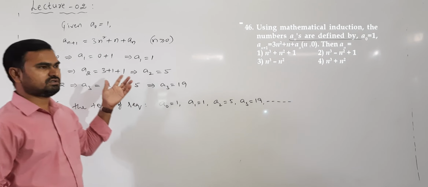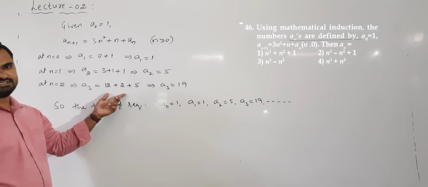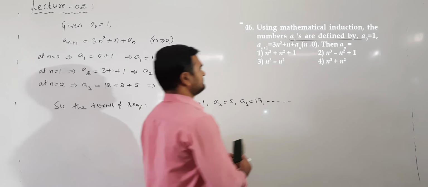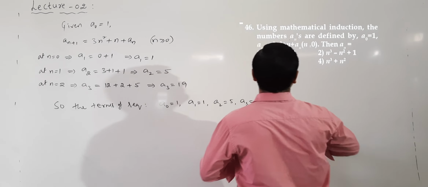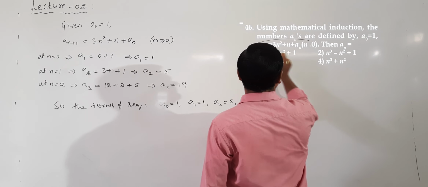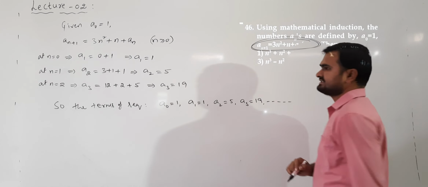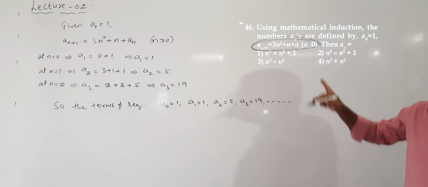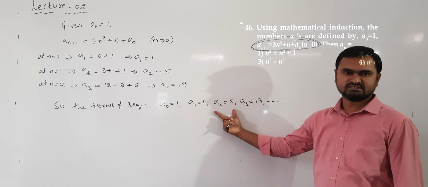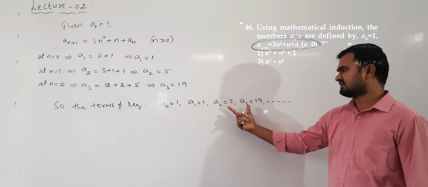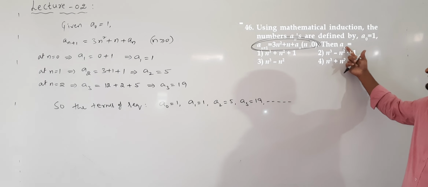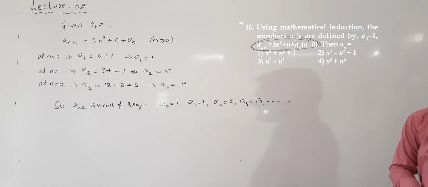Up to now, what we found is according to the given expression, the a_(n+1) expression. Using this a_(n+1) expression, we are finding the terms of this sequence. Now using the terms of the sequence, we can verify what can be the nth term, a_n.